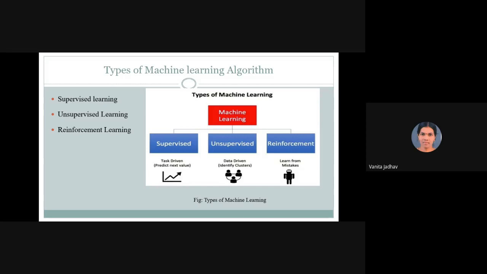In supervised learning, there are some algorithms we use: nearest neighbor, linear regression, neural network. These are some common algorithms we use in supervised learning. Next is unsupervised learning. This uses unlabeled data.